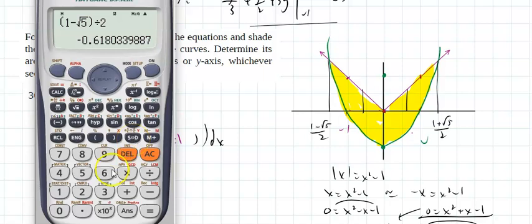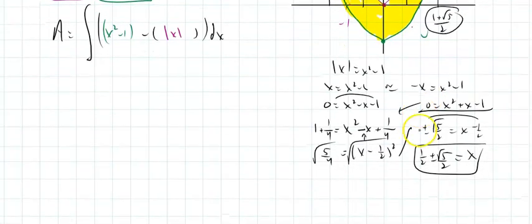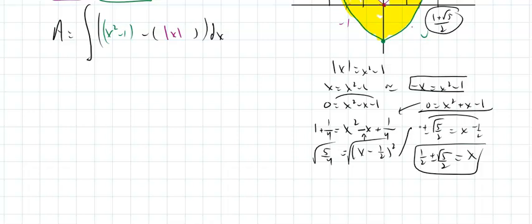That doesn't give, but if I take 1 plus square root of 5 divided by 2, that is 1.6. Okay, that seems to be it. That's true, but that doesn't seem to be. That should be smaller than negative 1. Well, let's see then. It seems this second piece is going to give me the second solution. So one of those is extra.